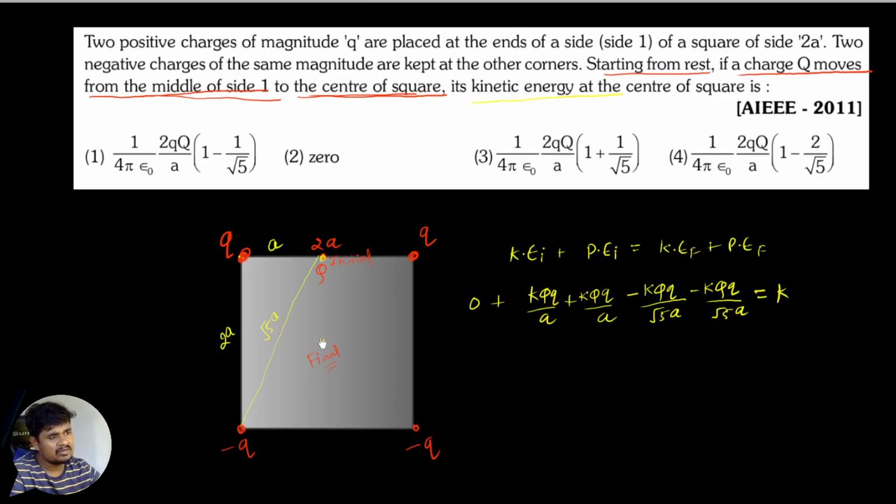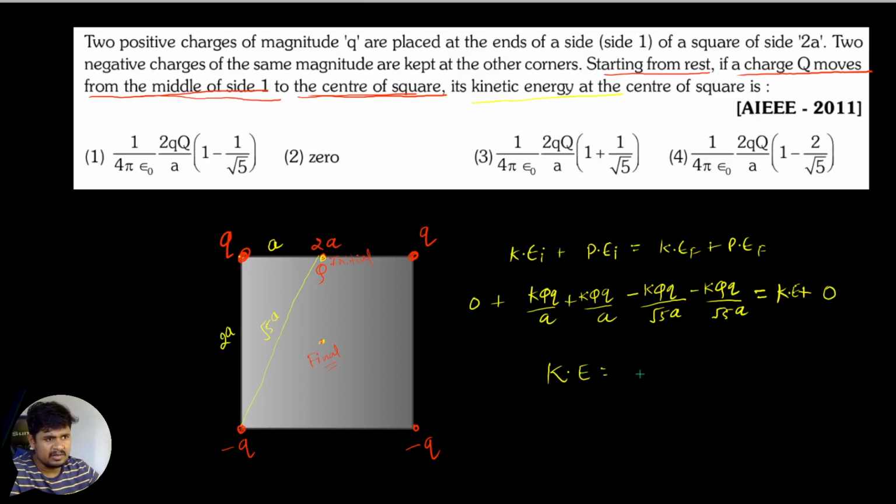So the total potential at the center because of all these four charges is how much? 0. So this will become K plus 0.